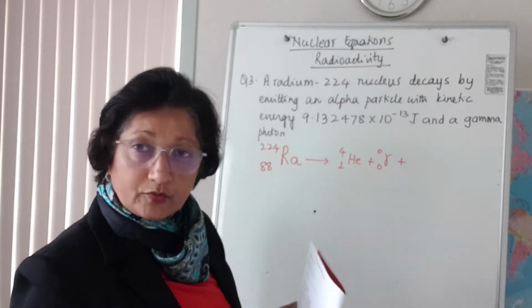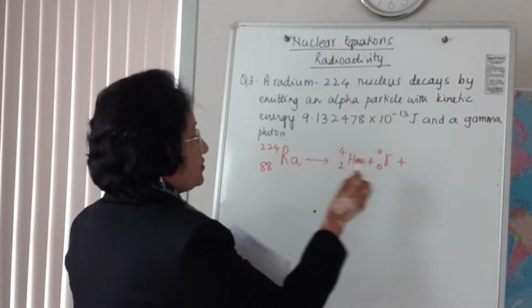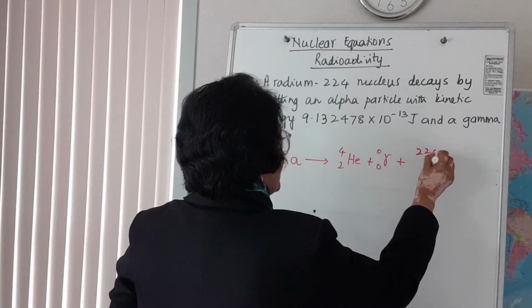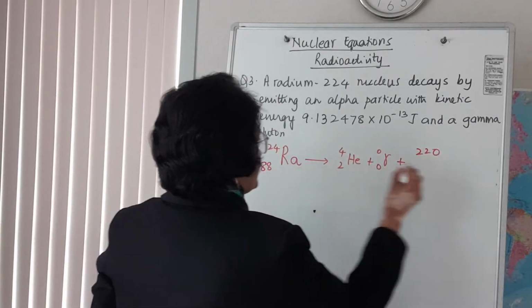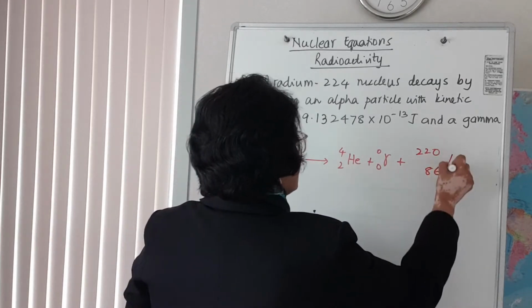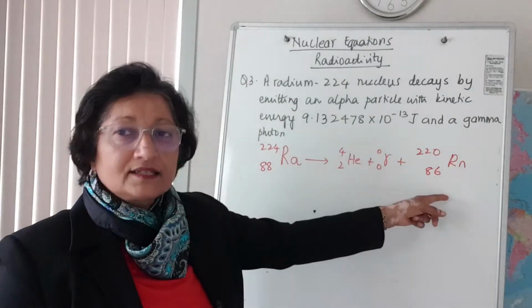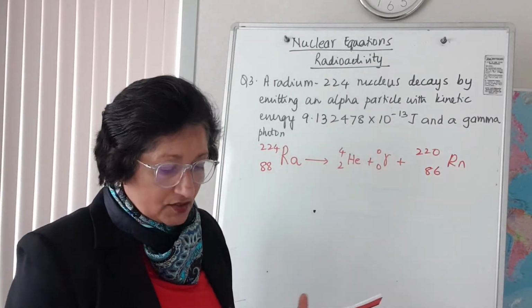There will be one more product because the numbers have to add up on the top. So 224 minus 4 is 220, and 88 minus 2 is 86, and element number 86 is radon. Okay, so the daughter nucleus is radon. So that's your answer to A.